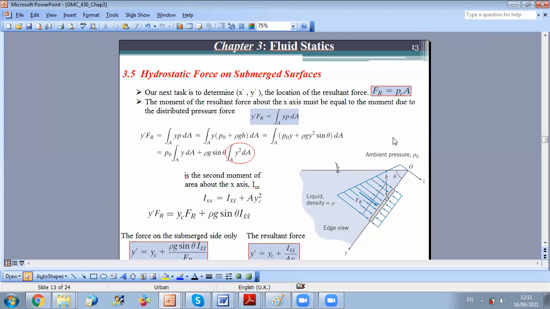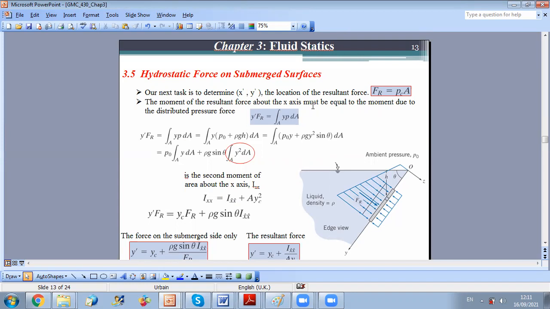What do equivalent systems mean? The first condition is the same total force, and we applied it together: we did the integration to find FR, the total force. The second condition is that the concentrated force should produce the same moment about any point in space as the distributed load.